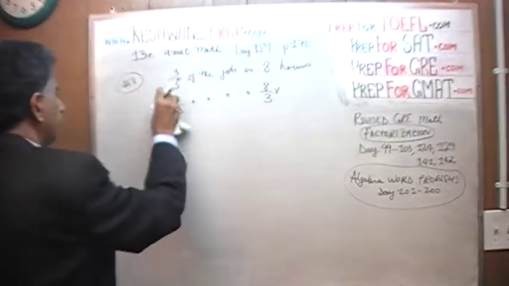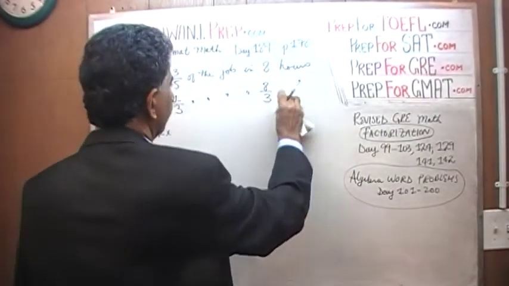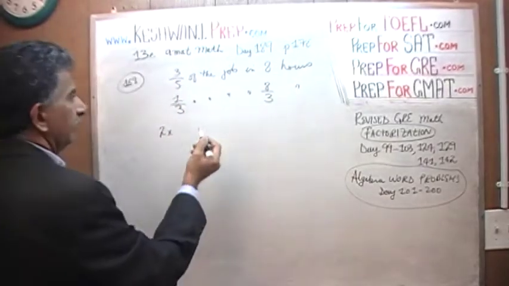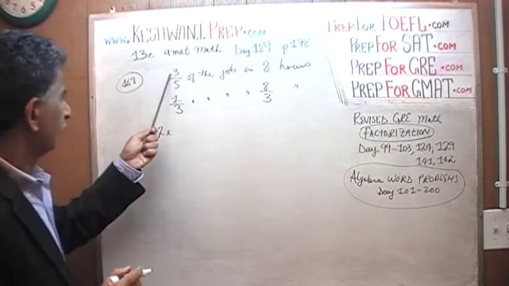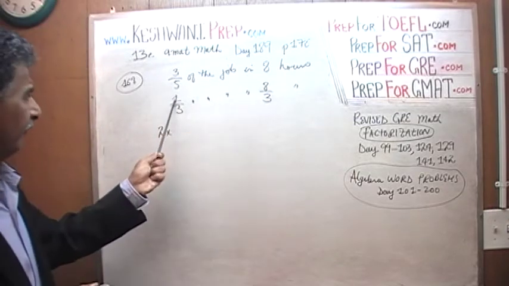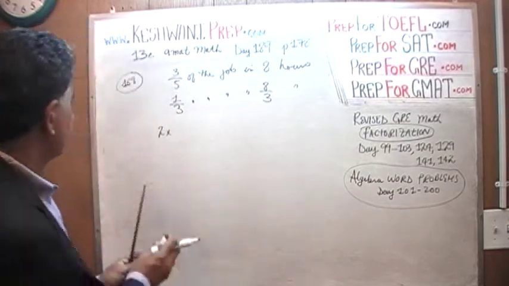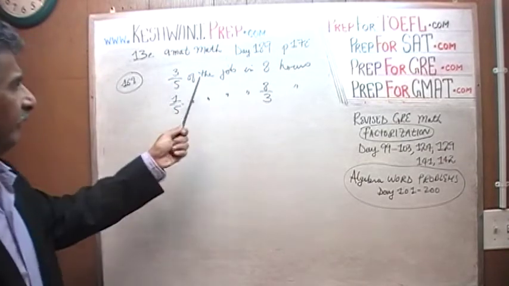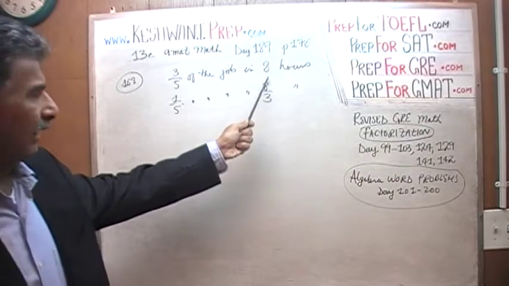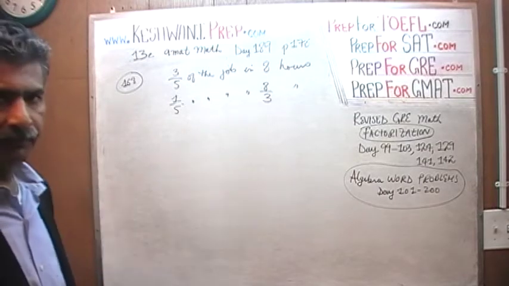Let's do it in a separate line. If 3/5 of the job takes 8 hours, then 1/5 should take 1/3 of that.